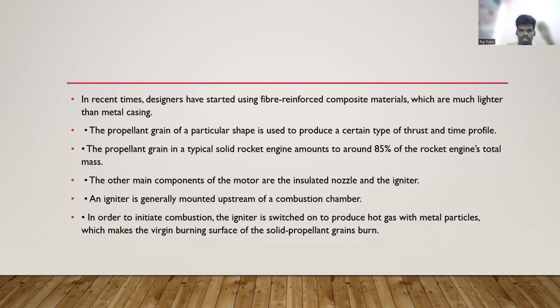The igniters are not located downstream. Whenever the propellant in the combustion chamber is ignited, it expands through the nozzle. In order to initiate the combustion, the igniters are switched on to produce hot gases with metal particles, which ignite the virgin burning surface of the solid propellant grains.